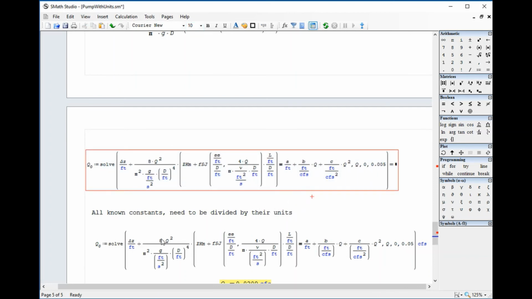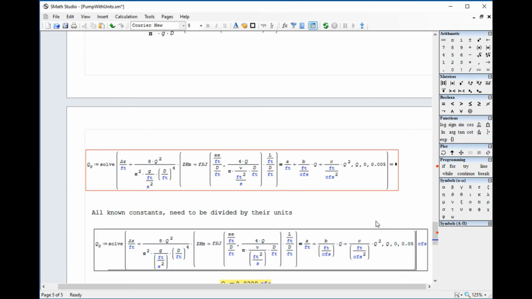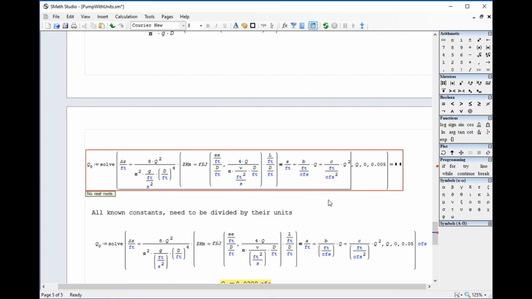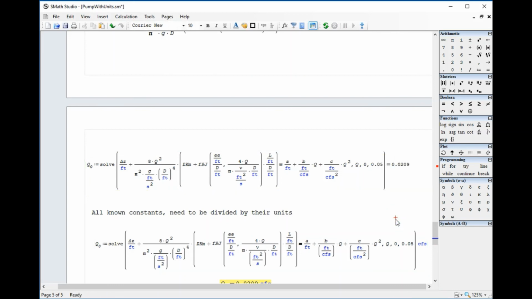And now I'm going to compare here. I get feet. Oh, this is too small. There you go. And so, sorry for making you wait.